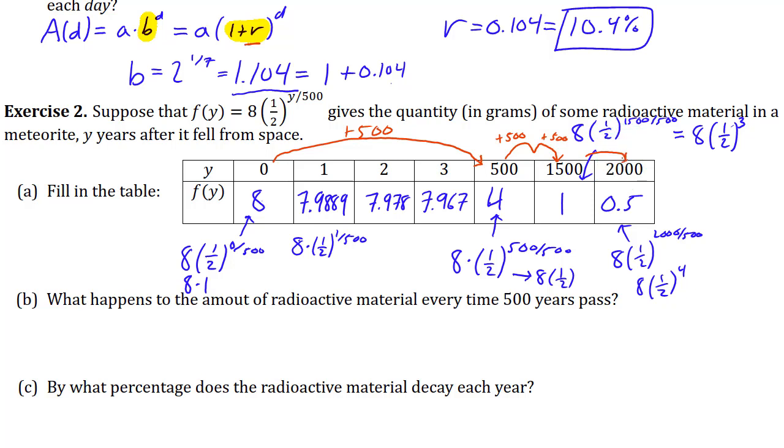From here to here, 500 years is passing once. So for this 500 years, it gets cut in half. It goes from 8 grams to 4 grams. Then from here to here, it goes from 1 gram to 0.5 grams. That's getting cut in half. And if 500 years goes by 2 times, it's 4 times 1/2 times another 1/2 is 1. So every time 500 years pass, it gets cut in half.